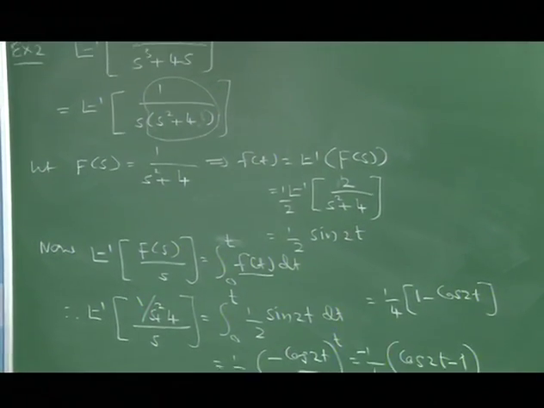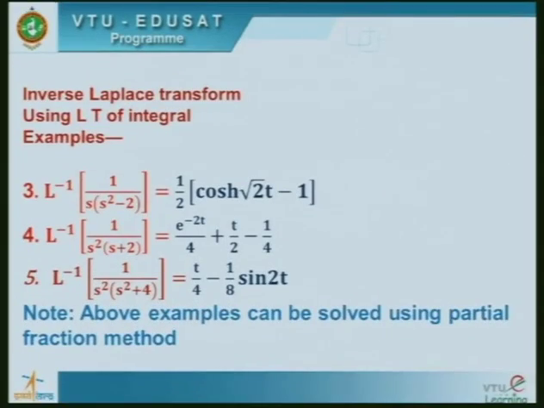So, in that way we can solve the similar examples, 1 divided by s into s square minus 2. Take F of s equal to 1 divided by s square minus 2, divided by s, and here divided by s square is there, means apply the same formula 2 times. First time you consider F of s equal to 1 upon s plus 2, divided by s, you will get the answer.